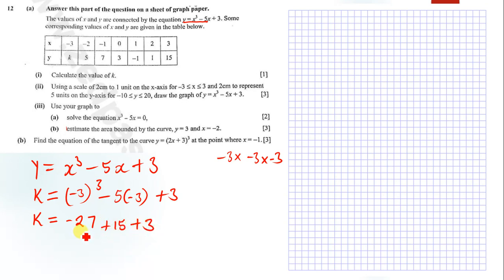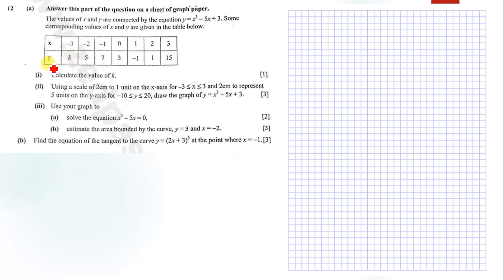So when you add -27 and 15, and you also add 3, you get the answer to be -9. Hence the value of k is -9. So we have -9 there as our solution. Alright, so let me just put -9 where this k is.